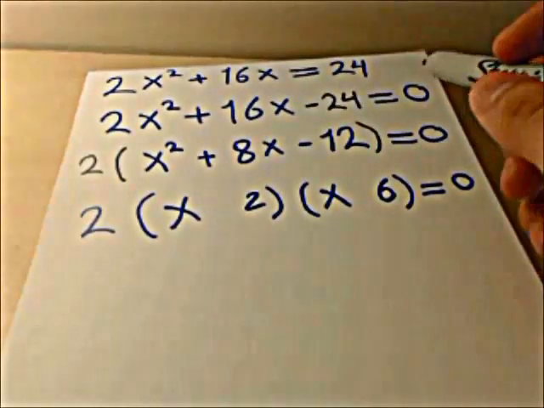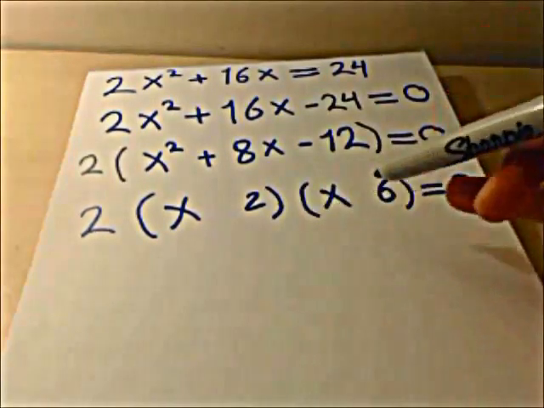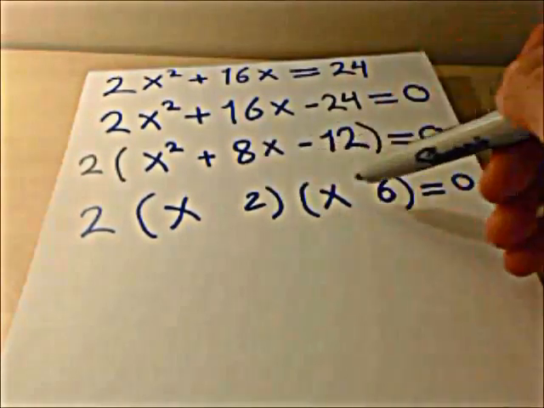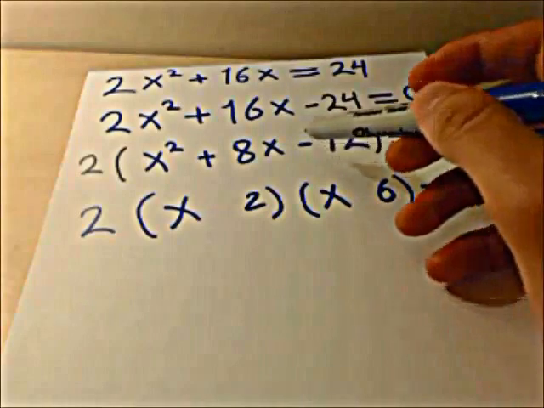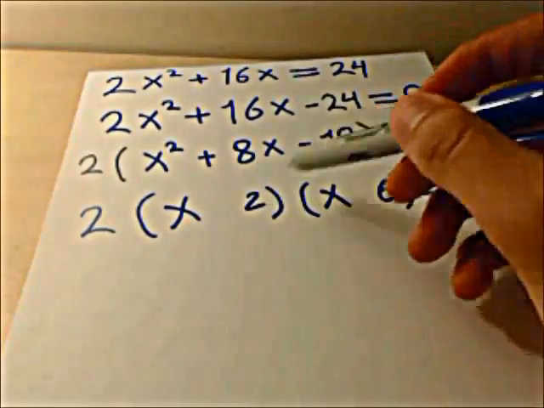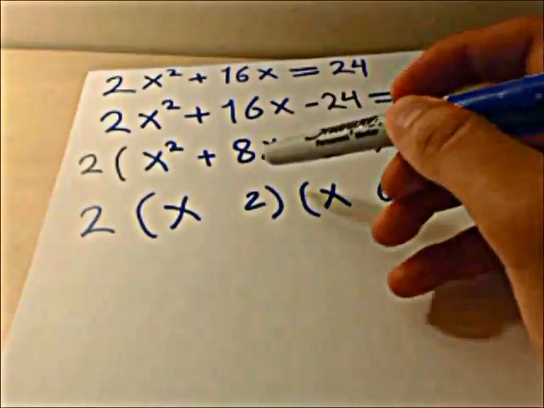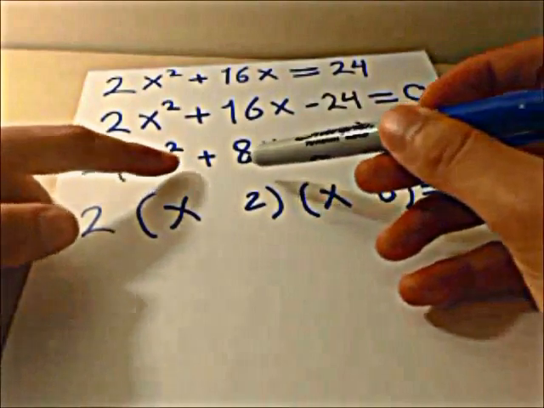Now about the signs, we've got minus 12. That means the outcome of the multiplication of these two numbers has to be negative. So we need to make them different signs, one negative and one positive. To determine that, we look at the middle term, which is the positive 8 here.